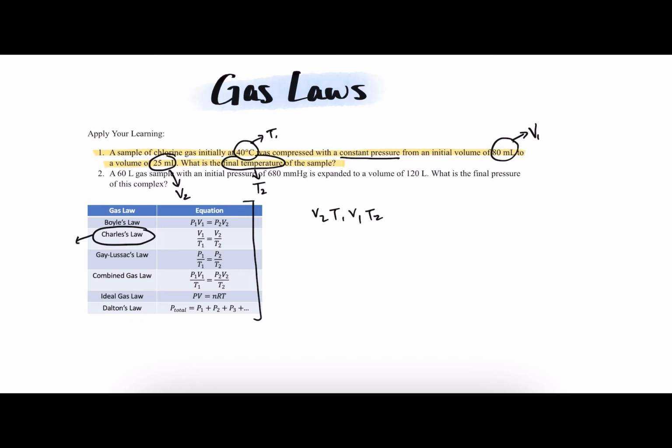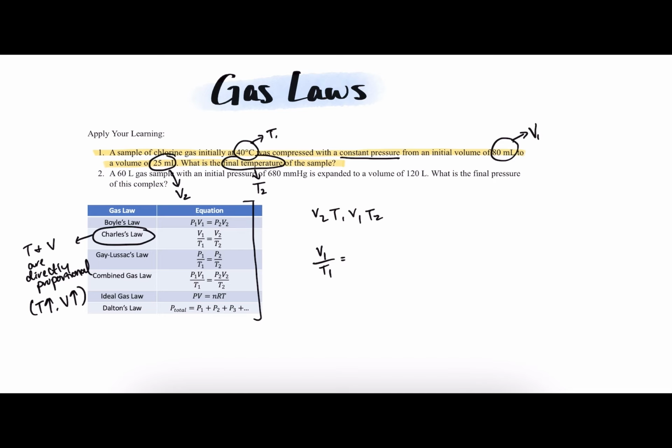Charles's law states that temperature and volume are directly proportional. In other words, as the temperature increases, as long as nothing else is changing, the volume will also increase. So we can write it out here.